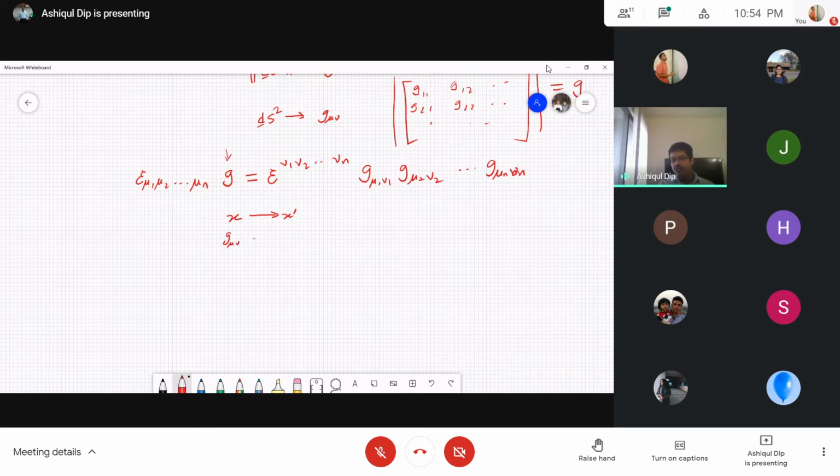Now, when you change the coordinates, the components of the metric tensor are g mu prime nu prime. And we know g mu prime nu prime are related to the older coordinates by a relation. Can you tell me what that is? It's a second rank tensor, so we should know the relation.